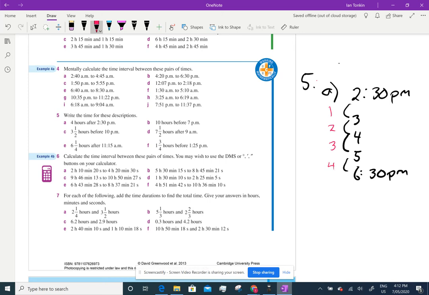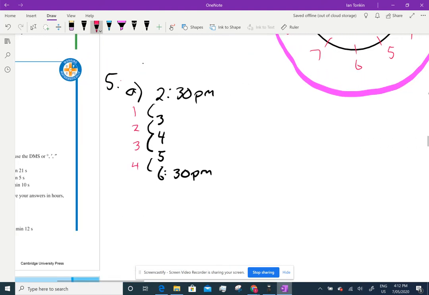Okay, well, let's try one of the other ones. 3.5 hours before 10 p.m. Okay, so this is C. So I'm going to write 10 p.m. So I go back 1 hour, 9 p.m., another hour, 8 p.m., another hour, 7 p.m. I have to go back half an hour, 30 minutes.